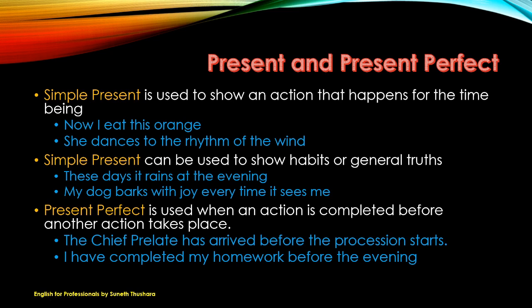If you say "The chief prelate arrived before the procession starts," then there is no relevance between these two actions. The chief prelate came, that's one thing. The procession is going to start, that is another thing. There is no combination.